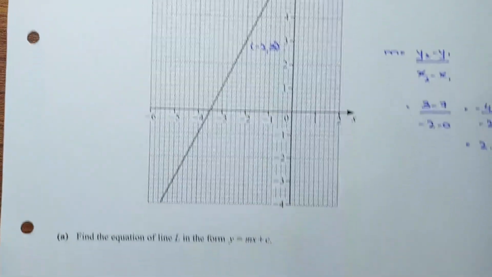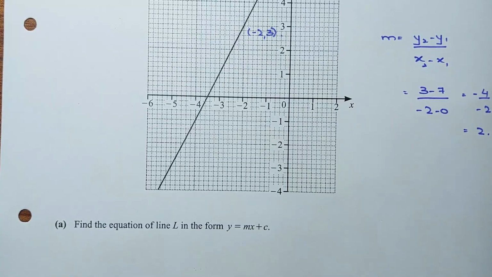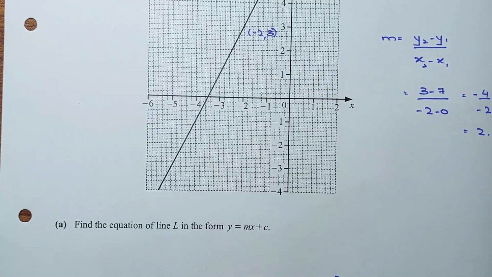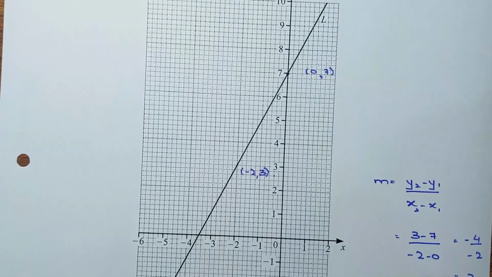Right. So the slope is 2. So we have a line y equals to 2x plus c. C is the y-intercept. So 2x plus 7 is the equation of line. The y-intercept is 7, you can see.